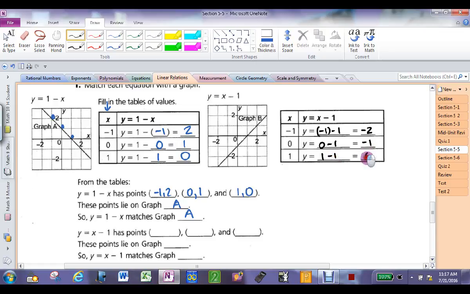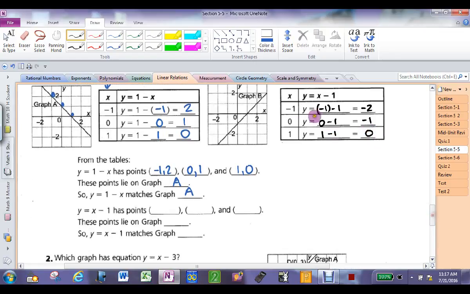What's that? 0. So what are the 3 points that I got there? (-1, -2), (0, -1), and (1, 0). And we can see that those points are on graph B. (-1, -2) right there. (0, -1) right there. And (1, 0) right there. Does everybody see how it works?